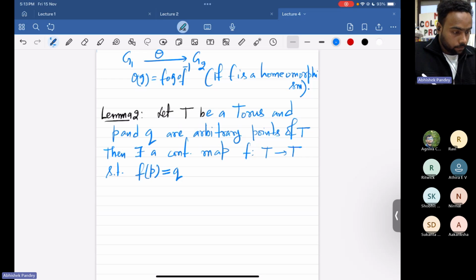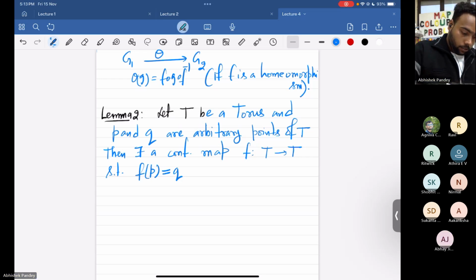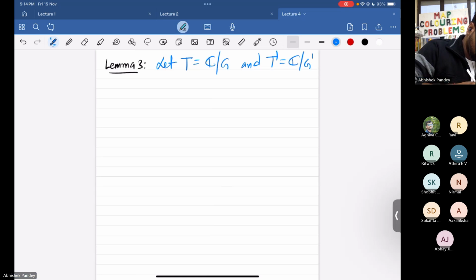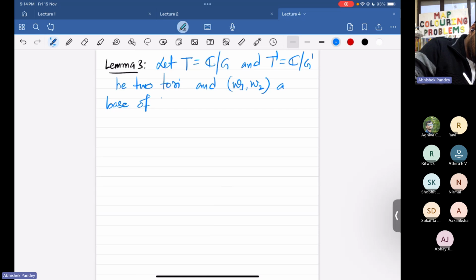Okay, so I'll come to lemma 3, this one is important. So let T be basically C by G, and we have another torus, T dash, with W1, W2 a base of G dash.